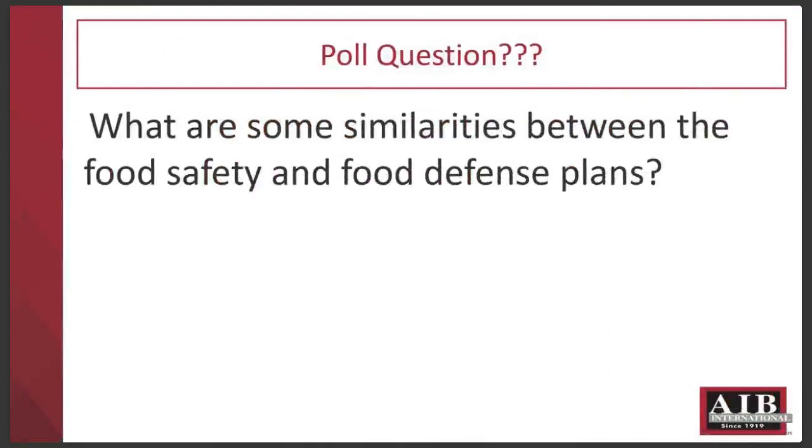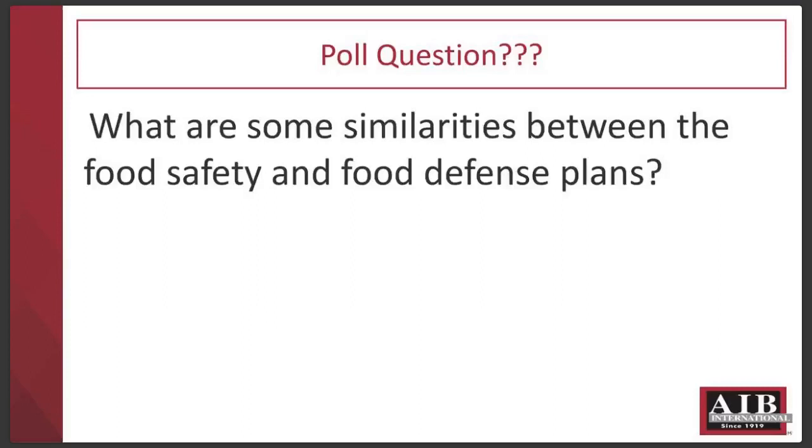So here is our first question that we want to find out if you guys know. From your current understanding, what are some of the similarities between the food safety and food defense plans that we have to put together, whether we're talking about the FDA requirements or the GFSI requirements? Okay, ladies and gents, you know how to type in the sidebar.